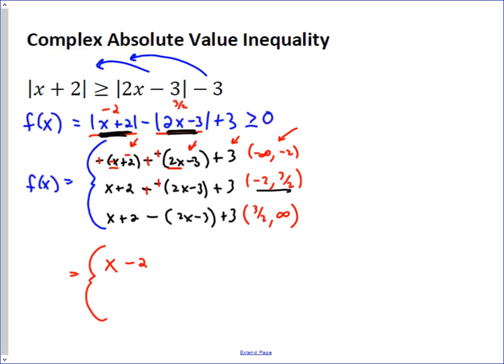And that's for this interval here, negative infinity to negative 2. And then you're going to have positive x, positive 2x is 3x. 2 minus 3 plus 3 is just going to be 3x plus 2. And then for the last one, this is going to be minus and plus to make that a plus. So x minus 2x is negative x. 2 plus 3 is going to be plus 8.